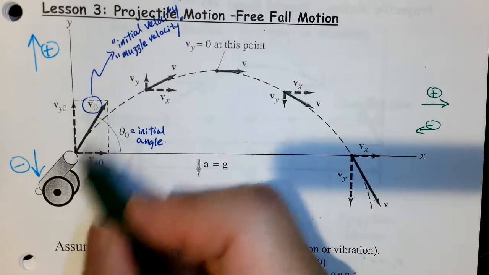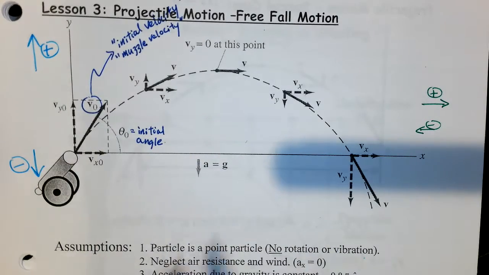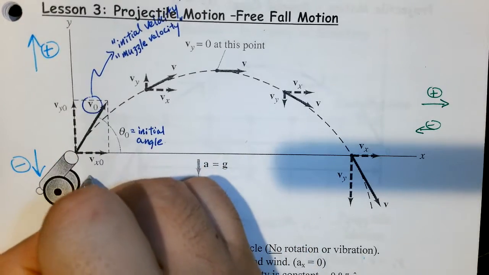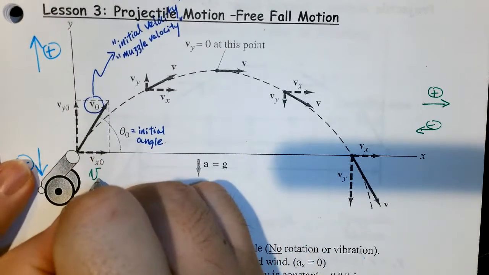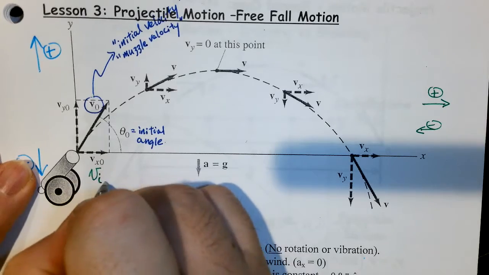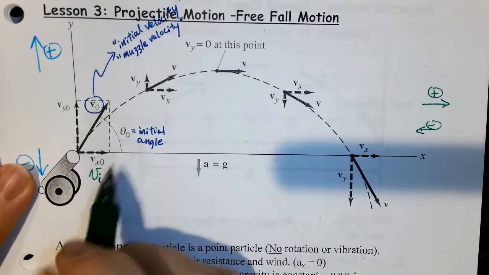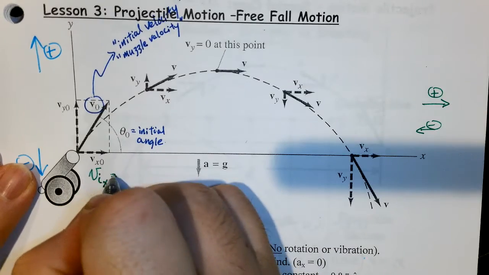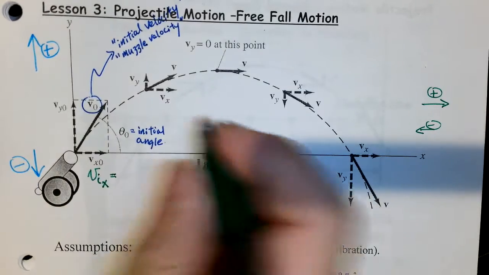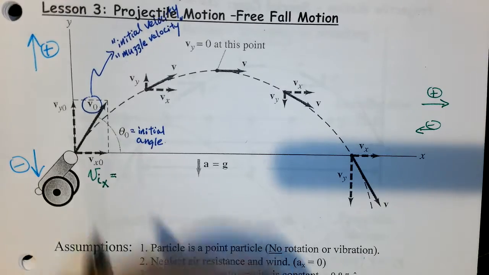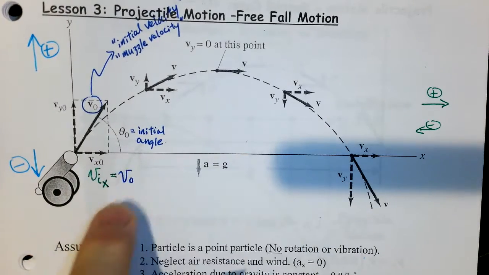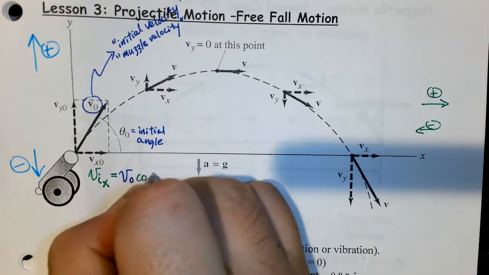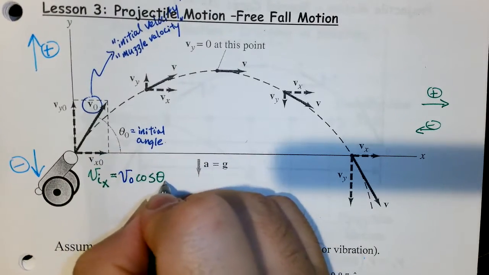This v naught, or the initial velocity, can be broken up into its horizontal and vertical components. The horizontal component can also be represented as Vix or Vx naught. Vx naught or Vix is equal to v naught, the initial velocity or the muzzle velocity, times the cosine of theta naught.